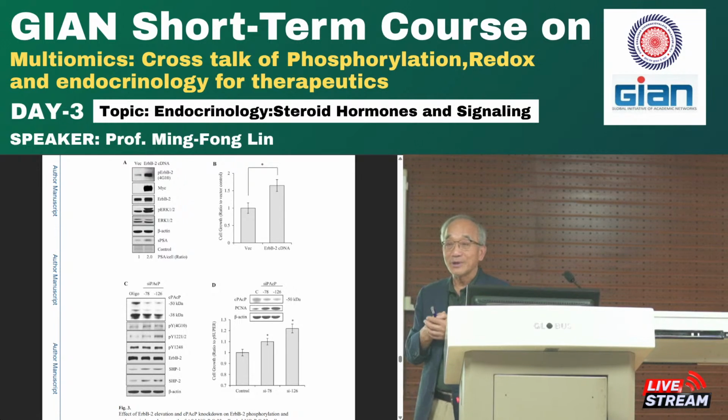So let's try to explain this. We overexpress the kinase, cell growth increases. We knock down the corresponding phosphatase, the cell growth increases. So this indicates this kinase is involved in growth regulation, as is this phosphatase. Yes? Any question? Okay.